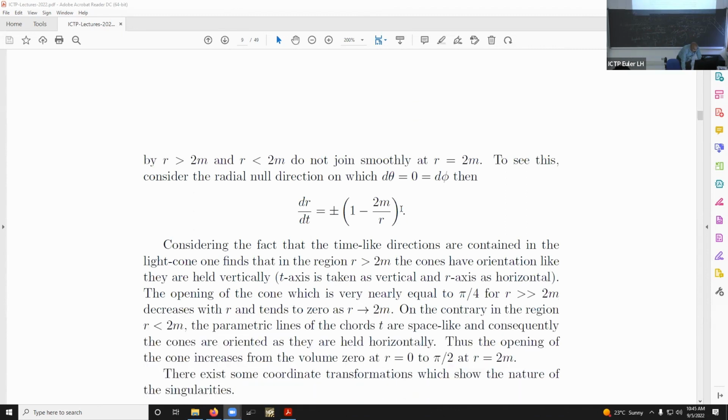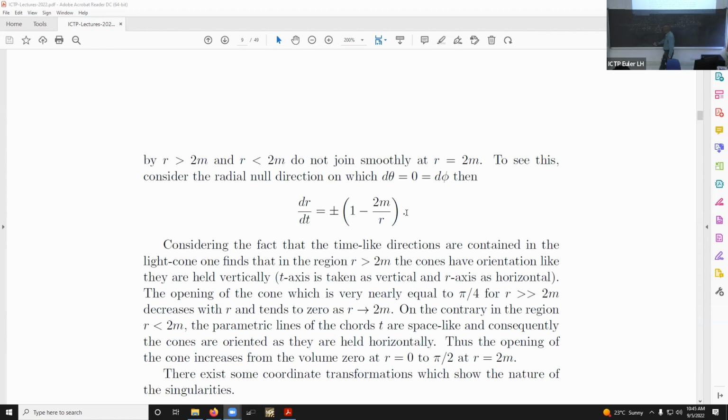Yes, so this is the situation. This is called null radial direction. I mentioned this point, but not in this way. Null radial direction means that you take ds square equal to 0.